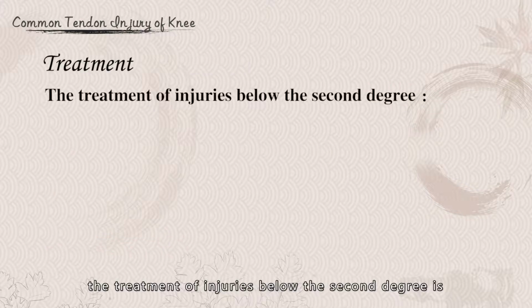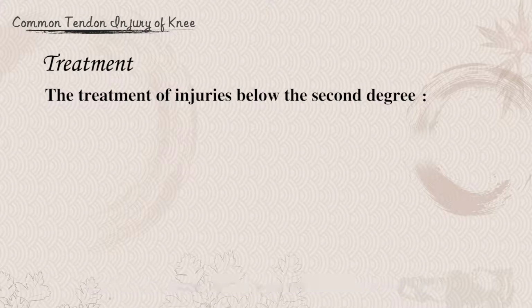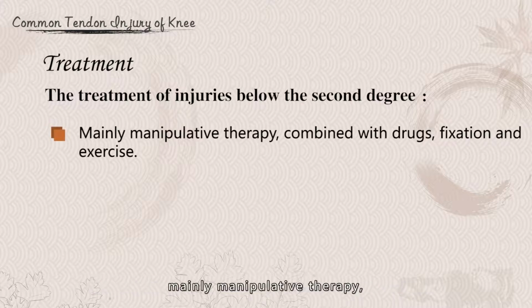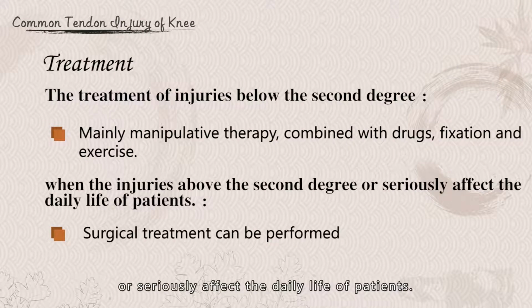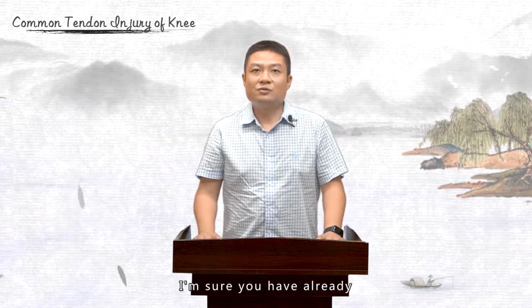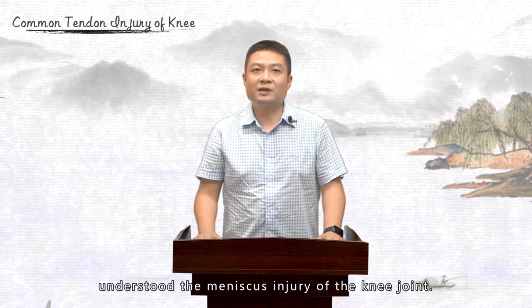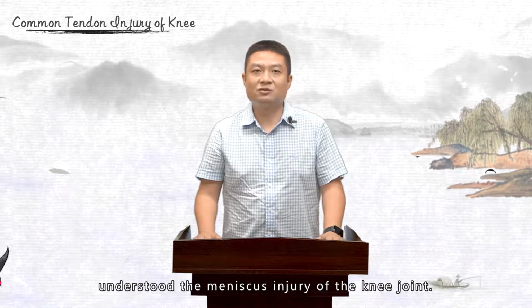Among meniscus injuries, the treatment of injury below the 2nd degree is manipulative therapy, combined with drugs, fixation, and exercise. Surgical treatment can be performed when the injuries are above the 2nd degree or seriously affect the daily life of patients. I'm sure you have already understood the meniscus injury of the knee joint.